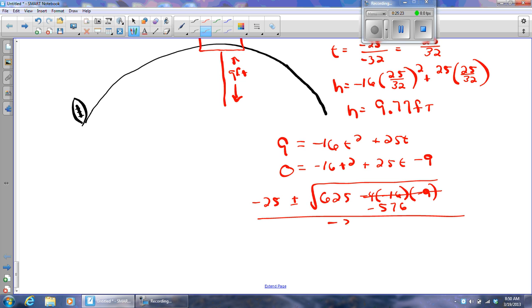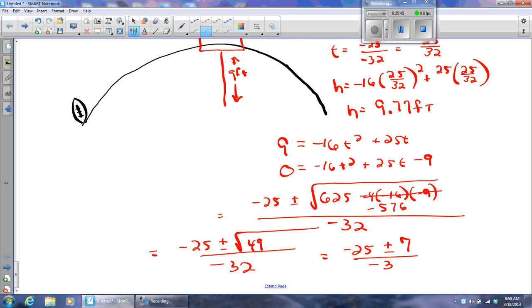That's over negative 32. So I end up with negative 25 plus or minus the square root of 625 minus 576. 625 minus 576 is 49. Ooh, that's nice. I like that. Negative 32. So I get negative 25 plus or minus 7 over negative 32.